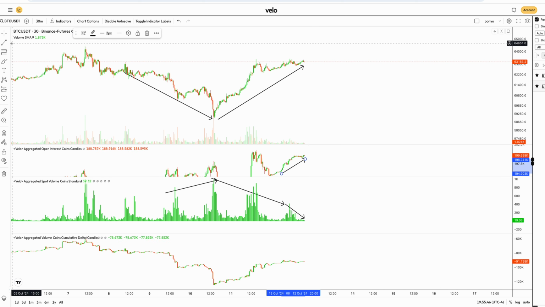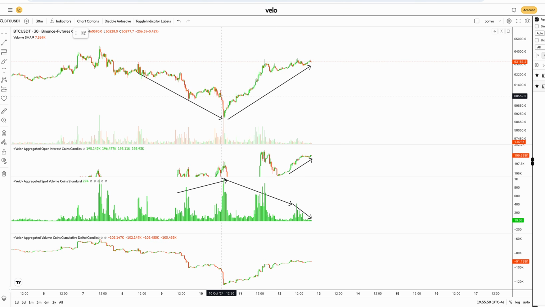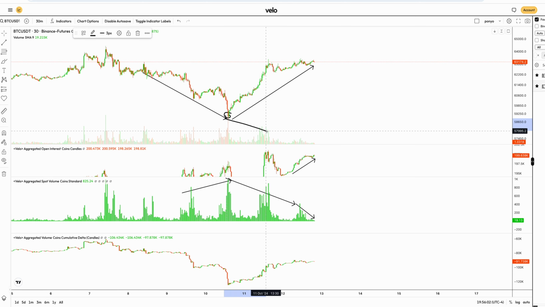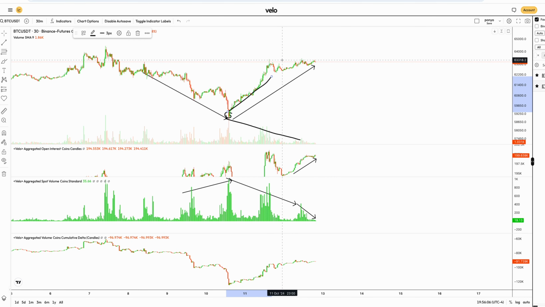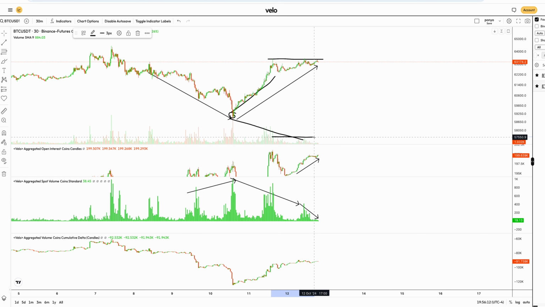What we also notice is that we have some volume divergence over here. From the start of our uptrend, which I believe was on October 10th, we started declining in volume, even though the price is increasing. And then this weekend, we have this range, and the volume has flatlined over here.